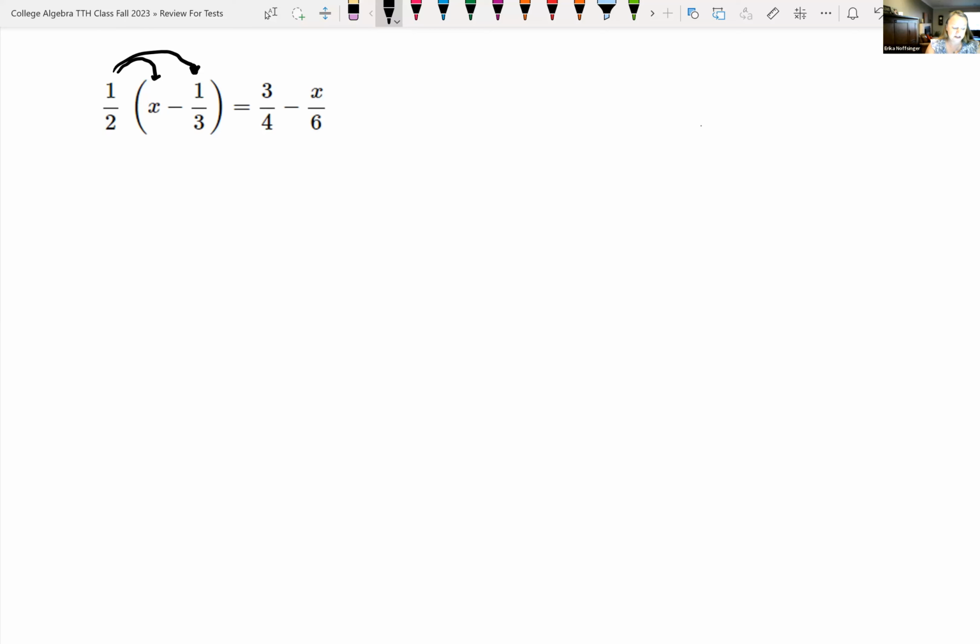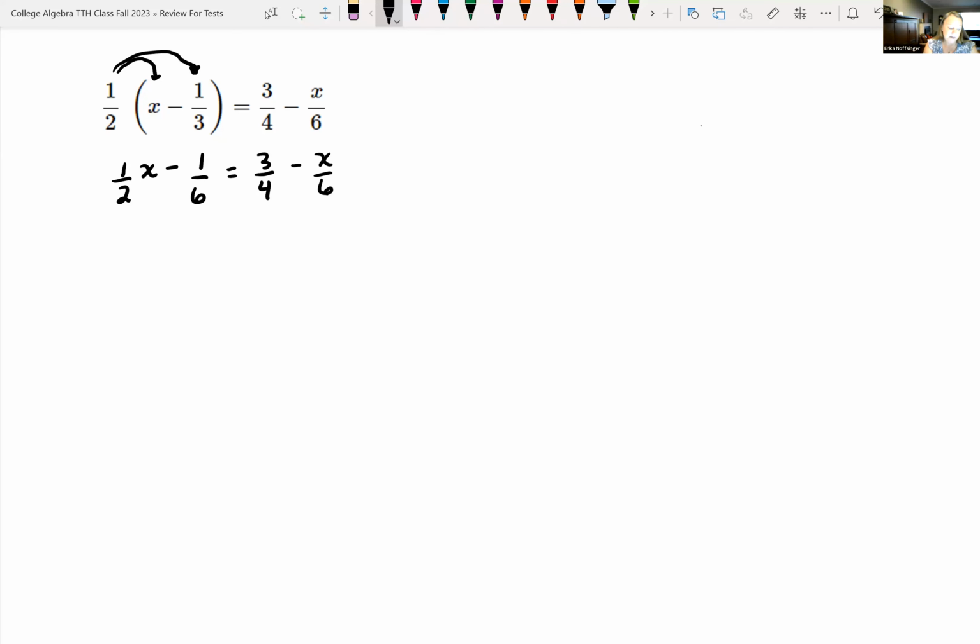And so distributing the 1/2 inside the parentheses, I have 1/2 times x, which is 1/2 x, minus 1/2 times 1/3. So we're multiplying the numerators together and the denominators together. So 1/6 is equal to 3/4 minus x over 6.